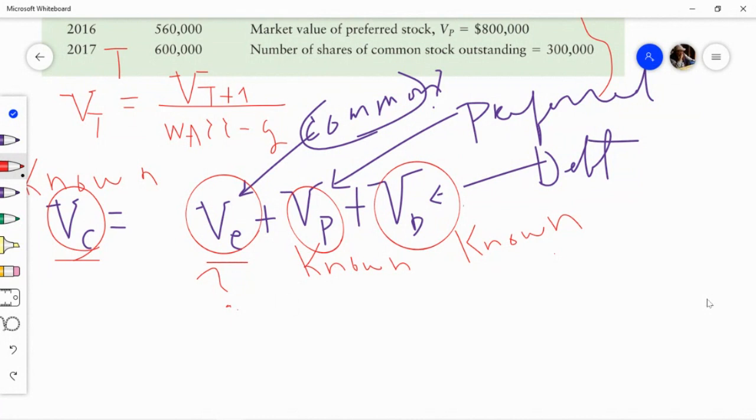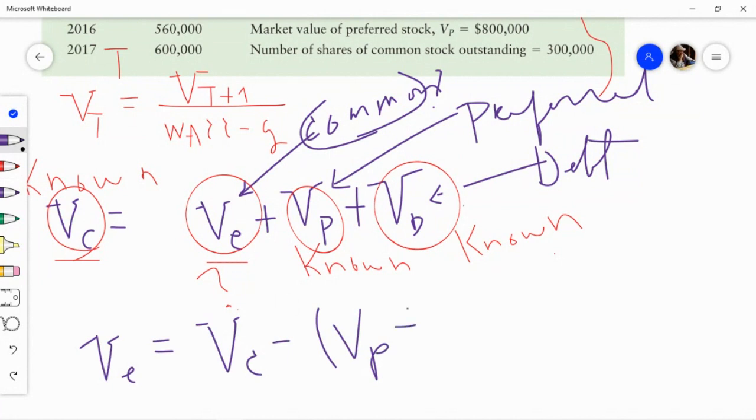But we know what to do already. When everything else is known, and the value of equity is the only thing unknown, what do you do? You subtract from the value of the company the sum of the value of the preferred stock and the value of the debt, right?